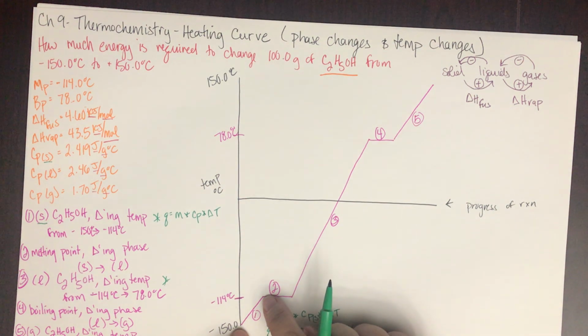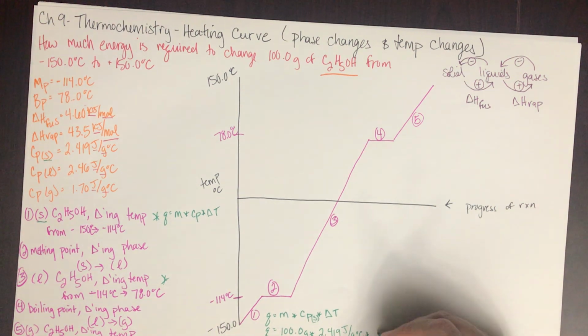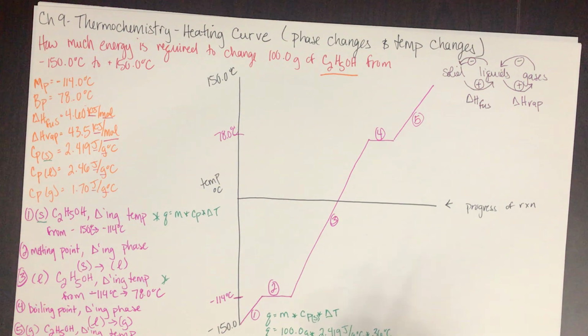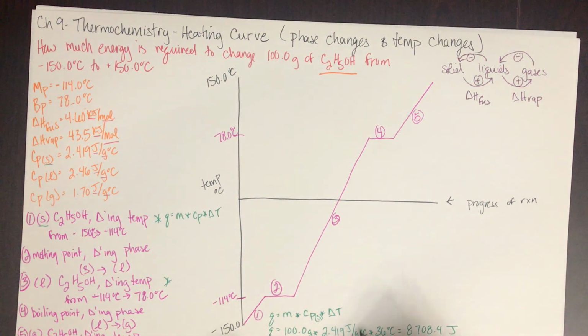How much does the temperature change? It's going from negative 150 to negative 114. So that's 36 degrees Celsius. So 100 times 2.419 times 36 is going to give you 8,708.4 joules, because grams will cancel and degrees Celsius will cancel.